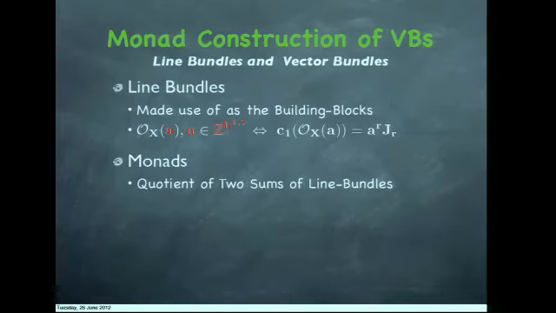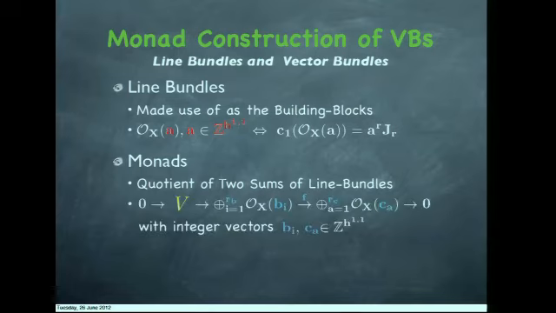Now let me quickly describe the bundle side of the story. The basic idea is to make use of line bundles as the building blocks, which are labeled by some integer vector in Z^{h^{1,1}}. A monad is now, roughly speaking, a quotient of two sums of line bundles.